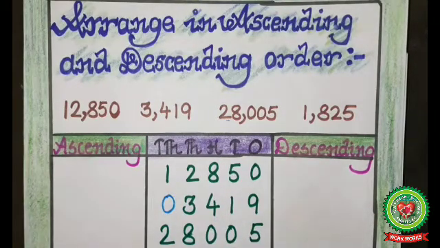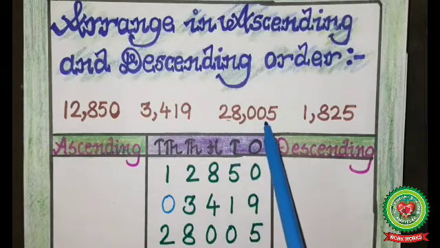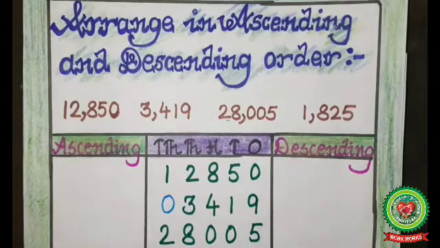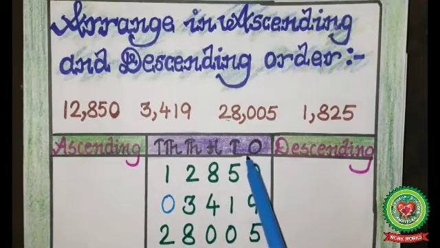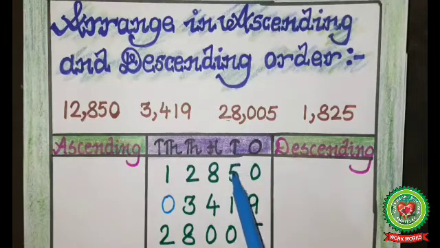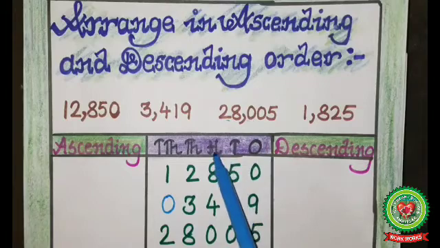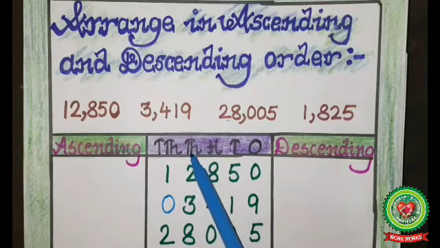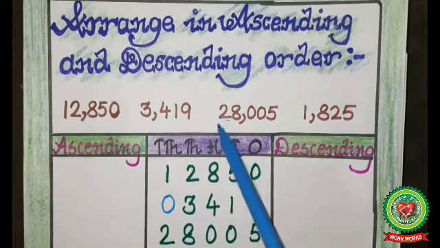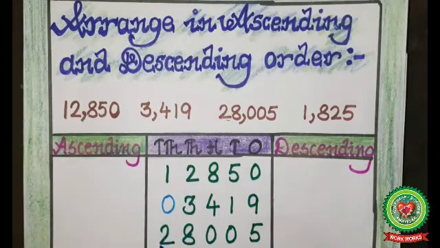Now next turn is of 28,005. Let's arrange this number. 5 will come at ones place, 0 at tens place, this 0 at hundreds place, 8 at thousands place, and 2 at 10,000 place.